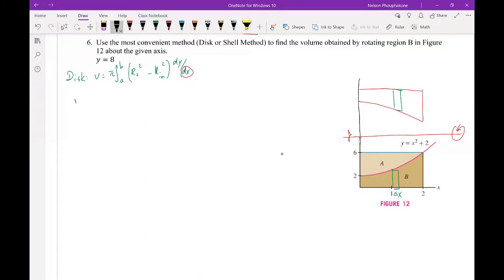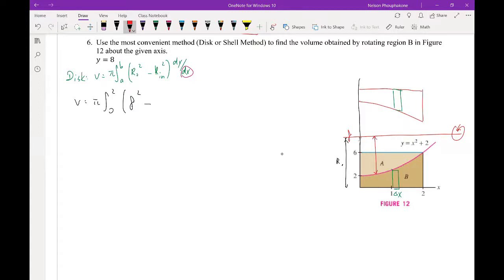So I will have V is equal to pi, x is in between 0 and 2. My outer, you will see that my outer basically is from here to here, so my outer is 8 squared, minus my inner, which is actually from here to here. So this is my inner.